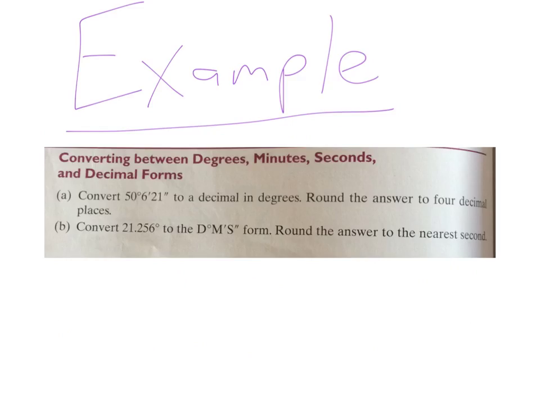So here are a couple of examples. Convert 50 degrees, 6 minutes, 21 seconds to a decimal in degrees. And let's round our answer to 4 decimal places. So we can rewrite this 50 degrees, 6 minutes, 21 seconds as 50 degrees plus 6 minutes plus 21 seconds.